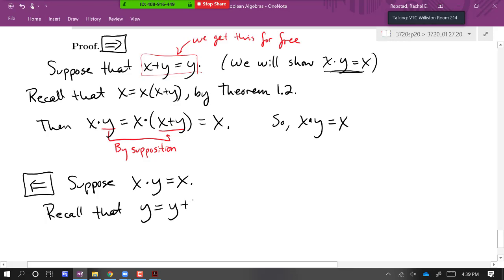Is that supposed to be x plus y equals x times x plus y? Can you say that again? In that first part, we recall that x times y equals x.